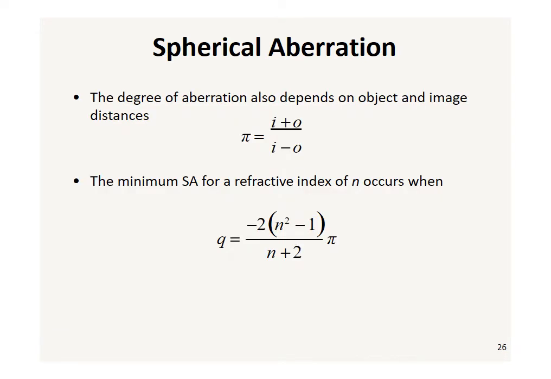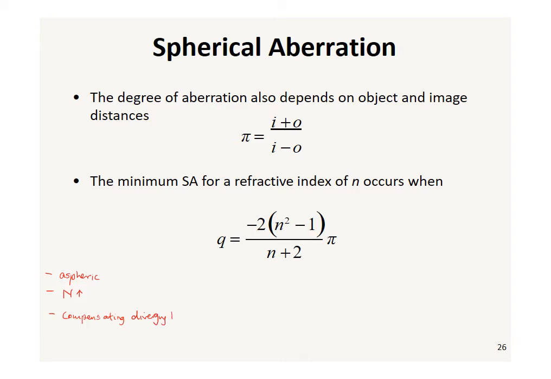So how can we get rid of, or at least minimize, our spherical aberration? One thing we can do is not use a spherical lens. We can use an aspheric lens. It's expensive, but in some situations you might want to do that. We can also shut down the aperture, so we will increase the F number, and that will restrict us to paraxial rays. We can also make a compensating diverging lens and add that to our system.